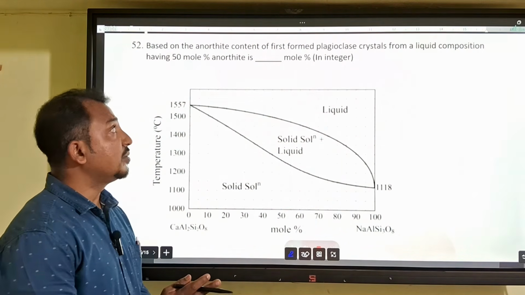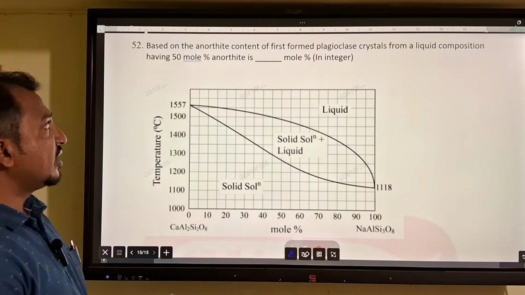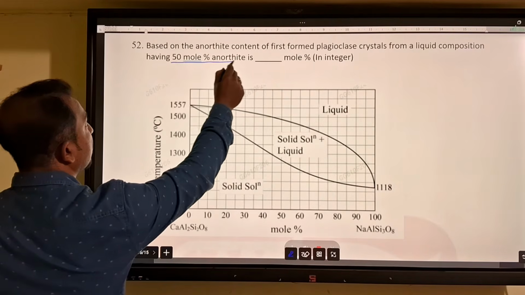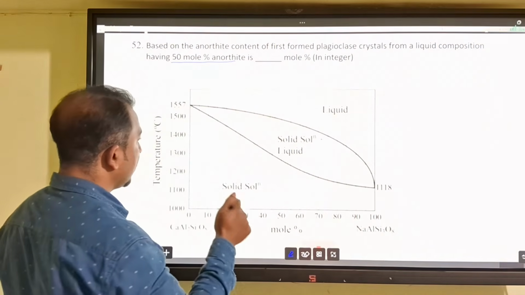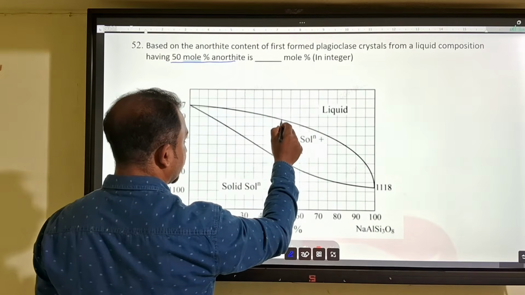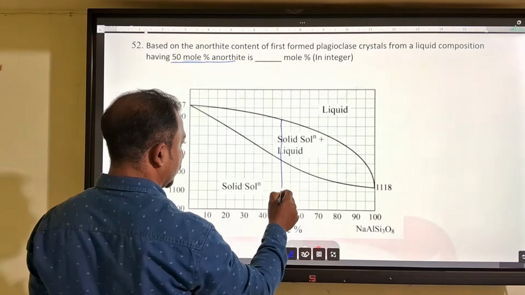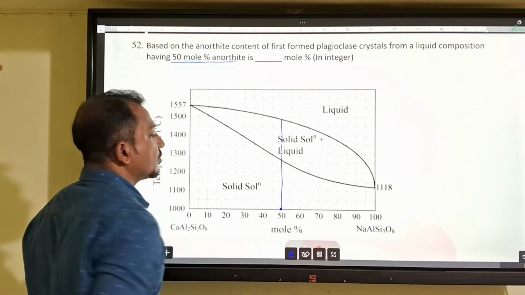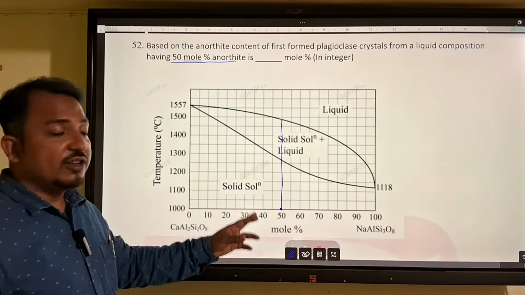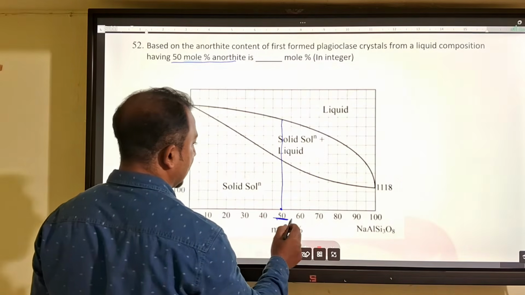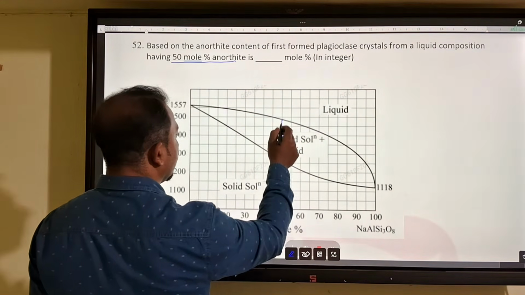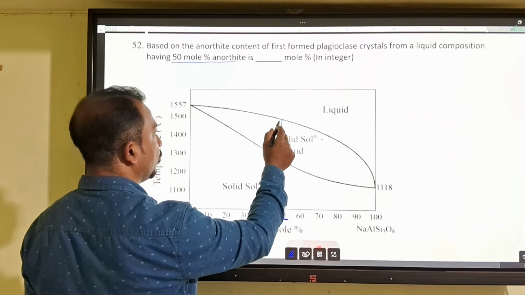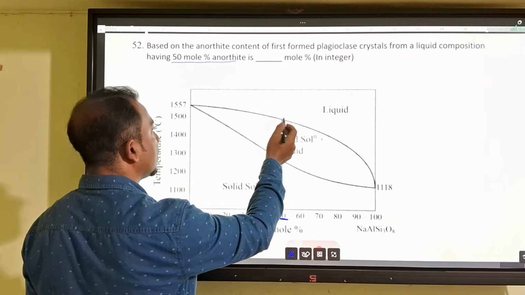So let's take another problem. Based on the anorthite content of the first-formed plagioclase crystal from a liquid composition of 50 mole percent anorthite. So we have a liquid that has 50 mole percentage of anorthite. You just draw a vertical line from the 50% till it touches the liquidus curve.